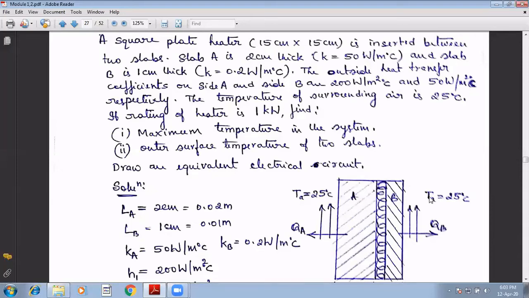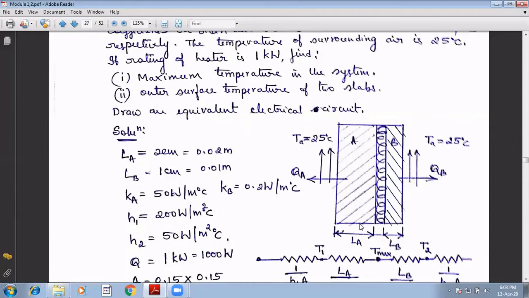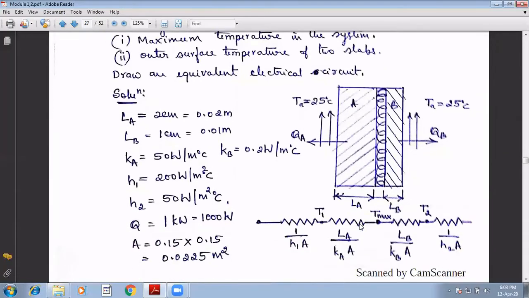Now on both sides you have air, which means convective heat transfer is occurring. If I ask you how many resistances are there with A on the left side, they are 2. You can see here, this is the maximum temperature.